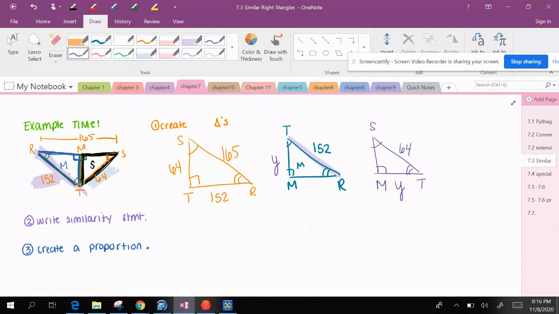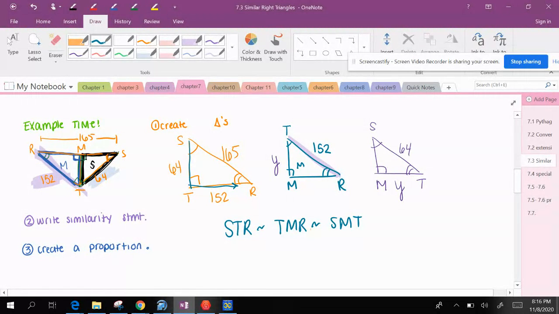All right, so let's make our similarity statements. What do you got for our similarity statements from large, medium to small? Should have said something like STR is similar to TMR, which is similar to SMT. One tally to right angle to two tallies throughout all three.